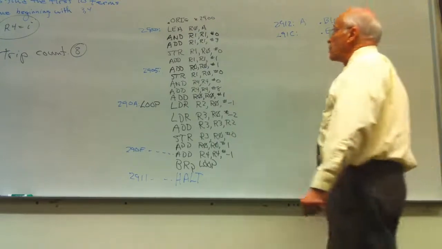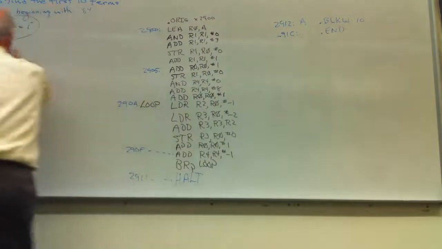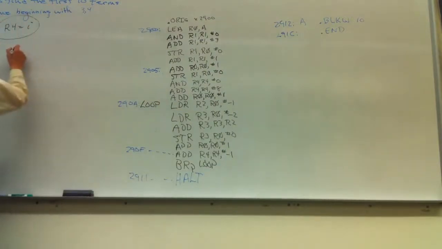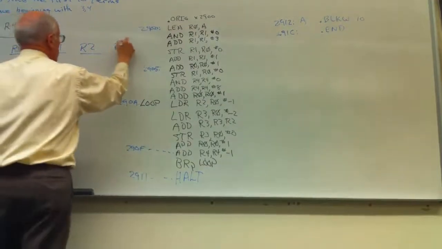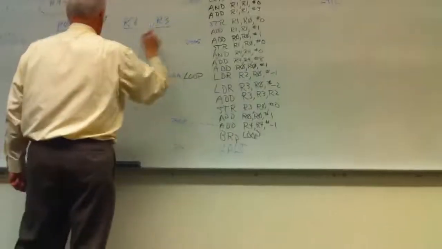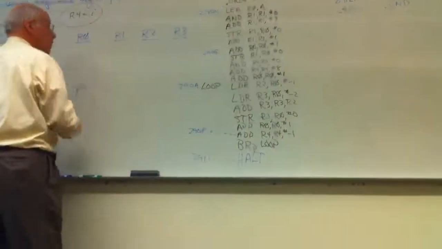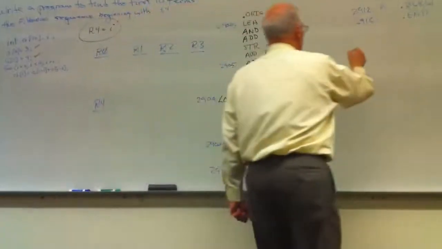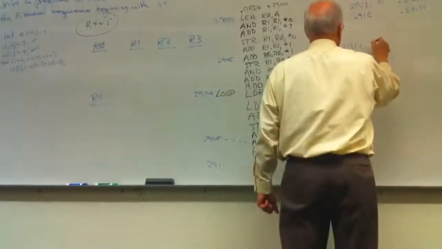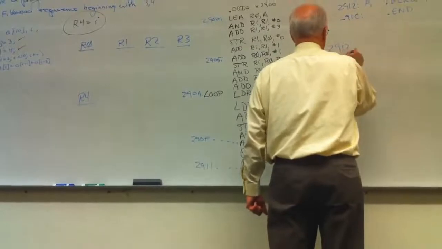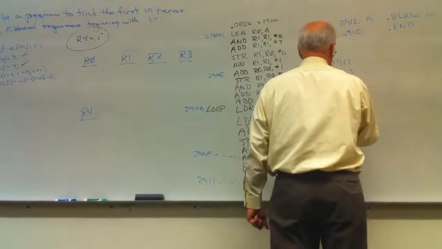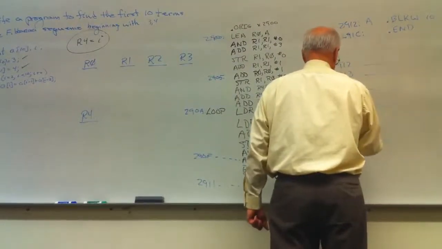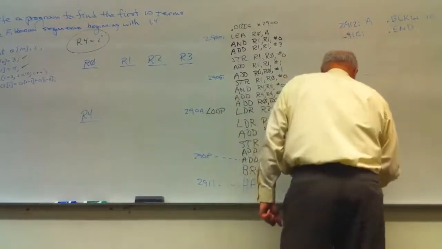Okay, let's see what happens here as we make a couple of passes through this thing. We've got register 0, register 1, register 2, register 3, and register 4. And down here we've got 2912, 2913, 2914, et cetera.